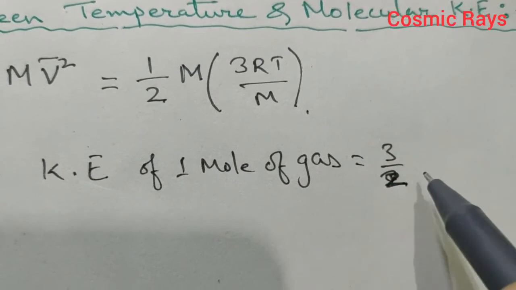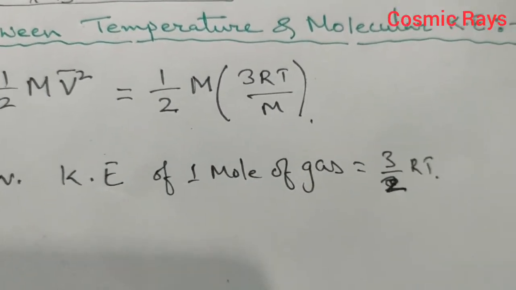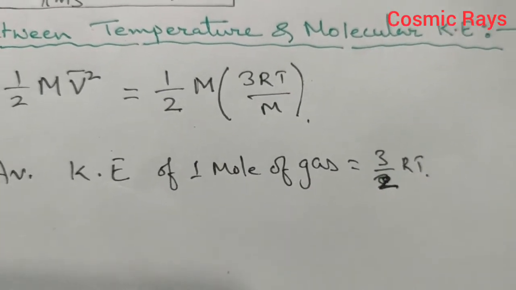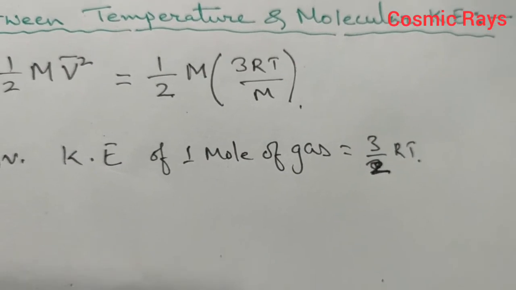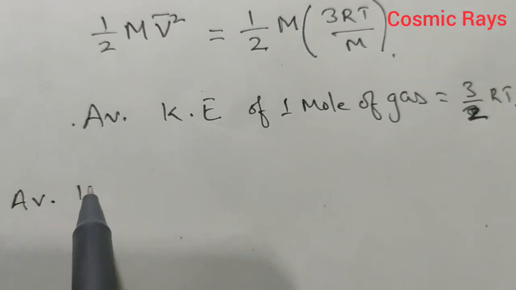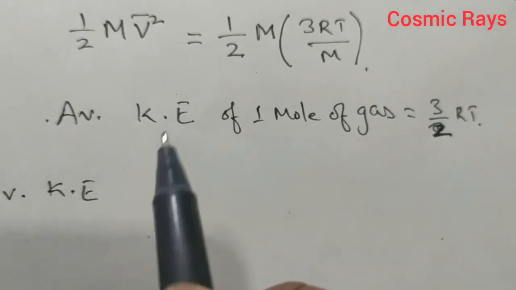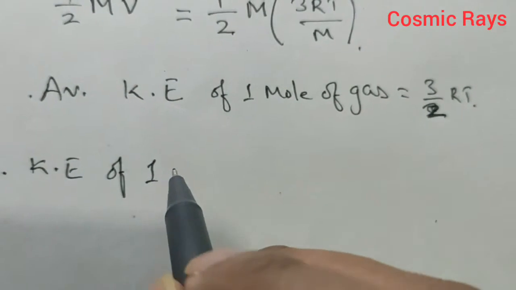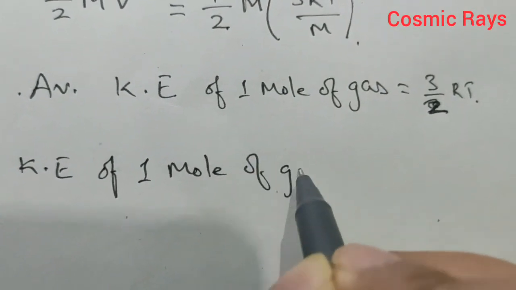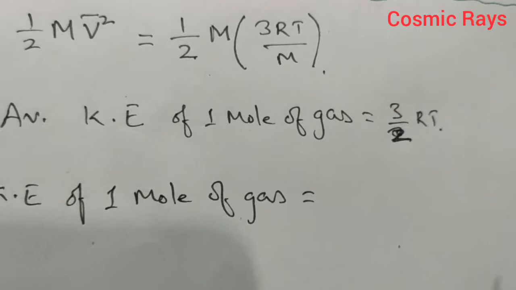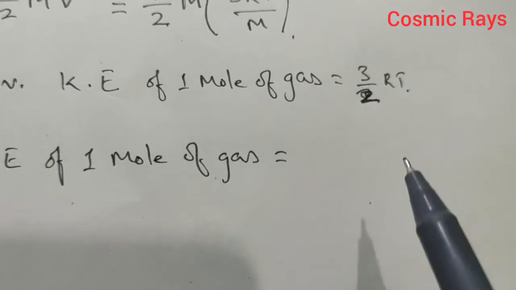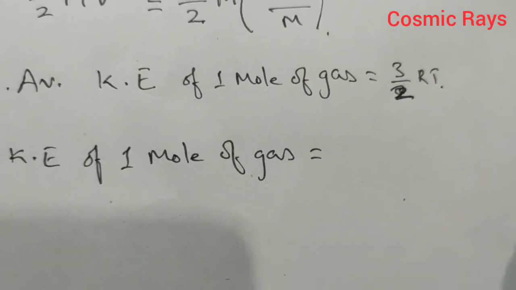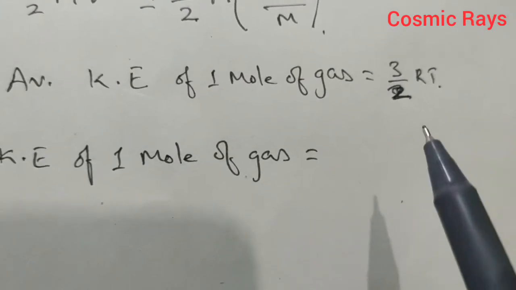Now, if there are N molecules in 1 mole of gas, the average kinetic energy for 1 molecule will be equal to this divided by the number of gas molecules present in 1 mole, that is the Avogadro's number.